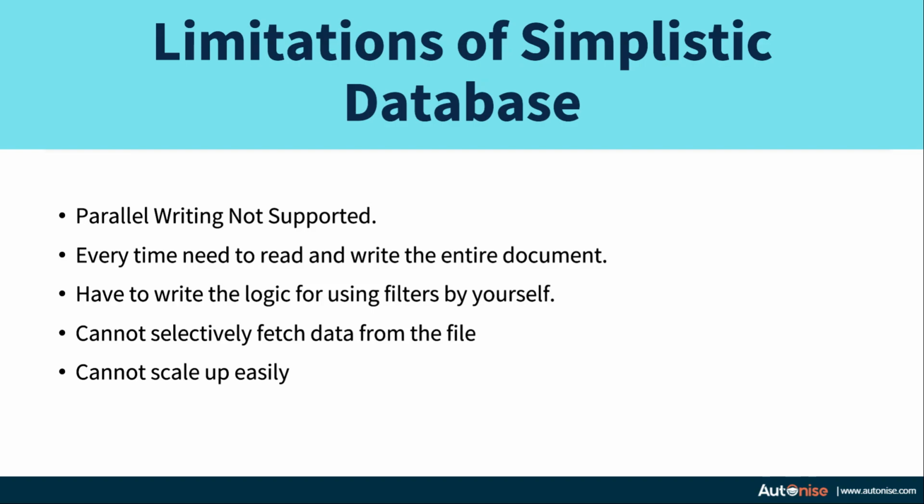Also, you have to write the logic for using filters by yourself. When you are trying to search for some specific document in your entire database, you have to write the logic to search for that document by yourself. Whereas in a DBMS, they already provide a lot of complicated filters which you can directly use without writing your own code.